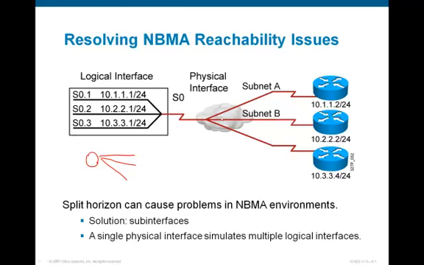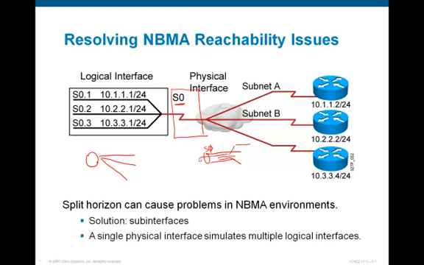Now, in this example, in the beginning, all the circuits are reporting in to the same interface, S0. So what happens is you have a problem of split horizon.